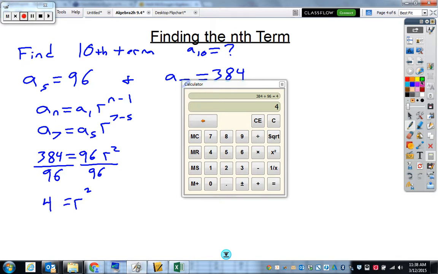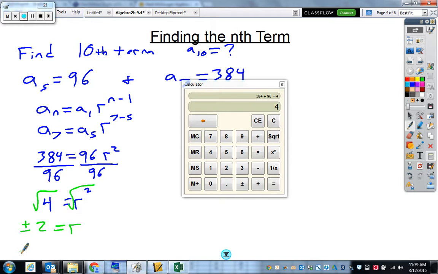And then we know to find r, you just do the square root of both sides. One thing that people make mistakes on, though, is that the square root of 4 does equal 2, but remember it equals plus or minus 2. So don't forget that minus. That's what throws people off. So r is going to equal positive and negative 2.